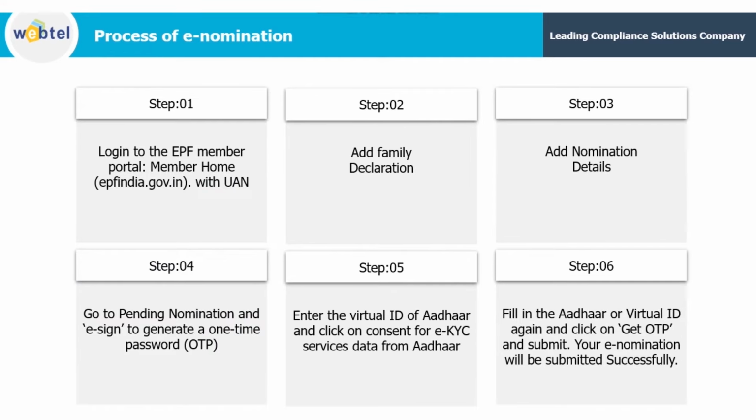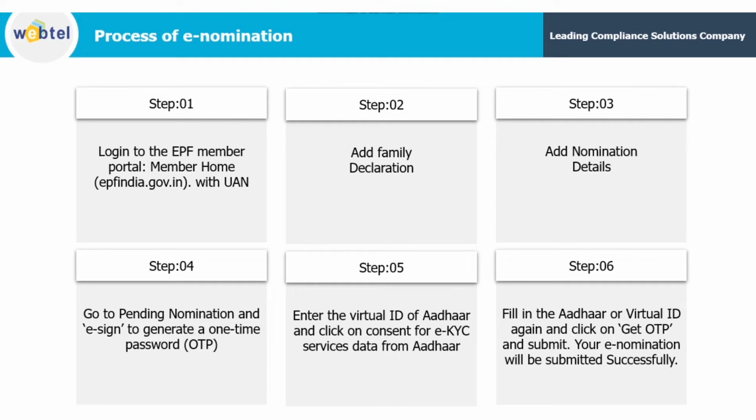Now these are the basic steps for filing of nominations. First, the member should log into their EPF portal. Second, they will have to go to the family declaration and add their family details. Third is the filing of nomination. Fourth, the nomination we have filed is going to be accepted through signature.